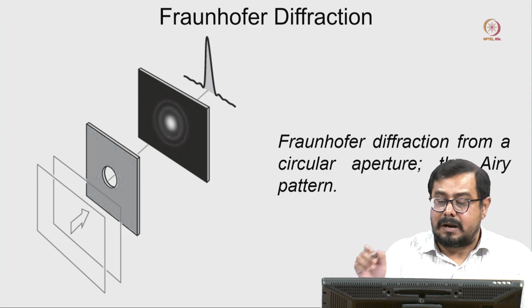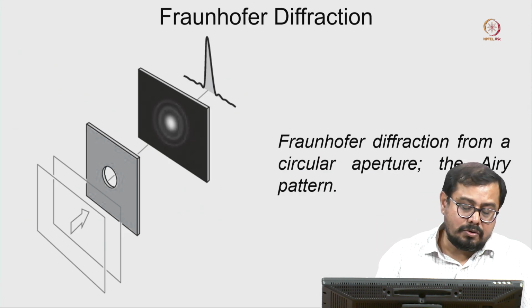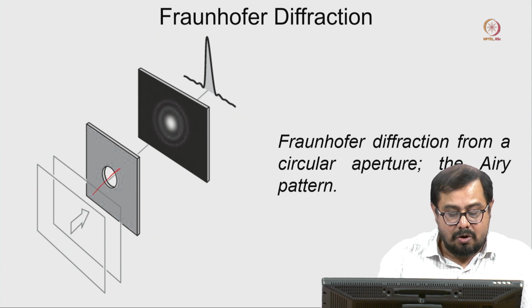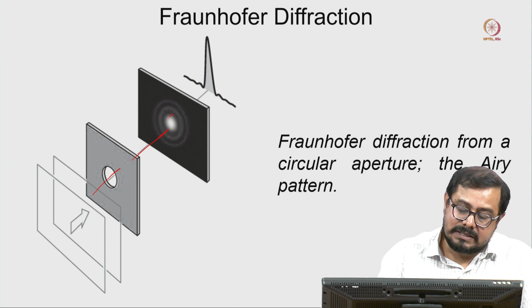Here the Fraunhofer diffraction pattern, we all know that if there is a pinhole, the light will go through this pinhole and it will form an image somewhere here.